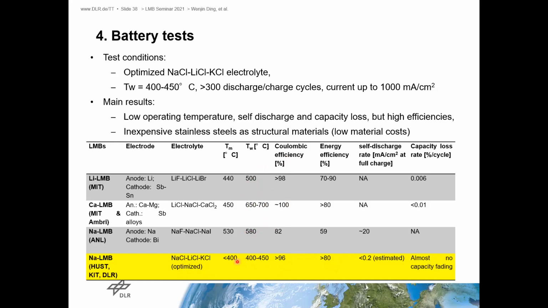It's similar to the conventional batteries. The estimated self-discharge rate from the sodium solubility is also low, and the battery test also shows that the self-discharge has no problem. And one amazing result is that after 300 cycles, we cannot find almost any capacity fading.